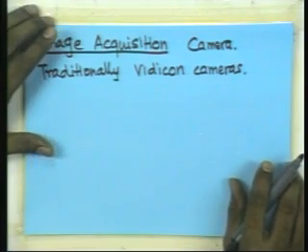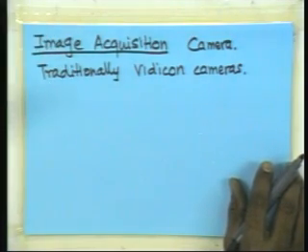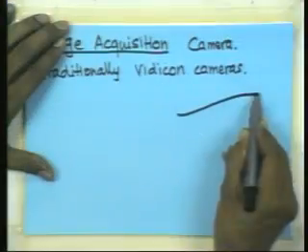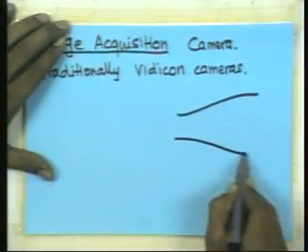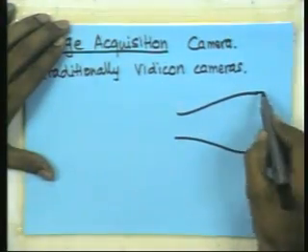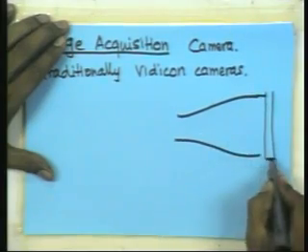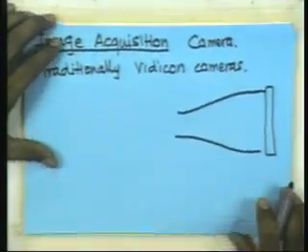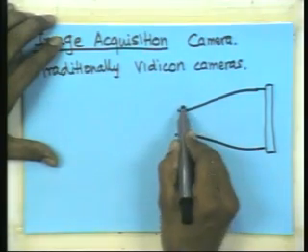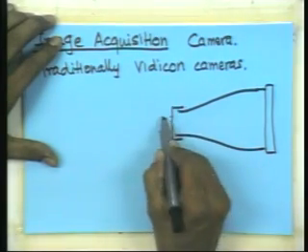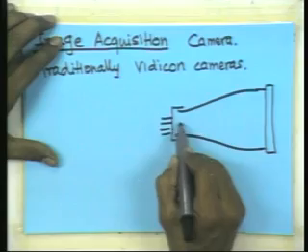If you have seen television studios, you will see some big cameras, and those cameras are typically Vidicon cameras. So a Vidicon camera essentially consists of a picture tube with a face plate, and you have a way of generating a stream of electrons.